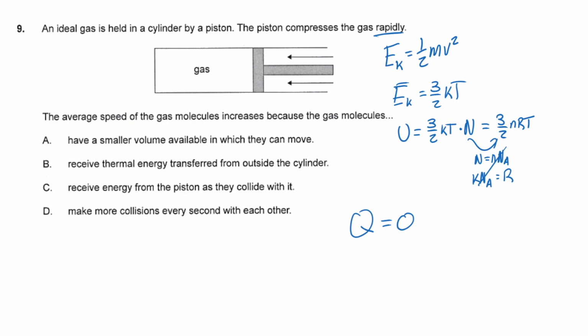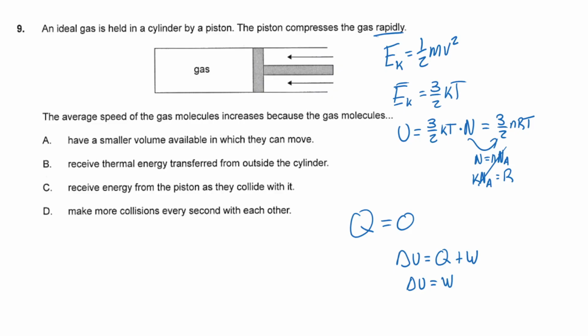And how can we use this Q? Well, the first law of thermodynamics: delta U is equal to Q plus the work done. So since Q is 0, delta U is equal to W.